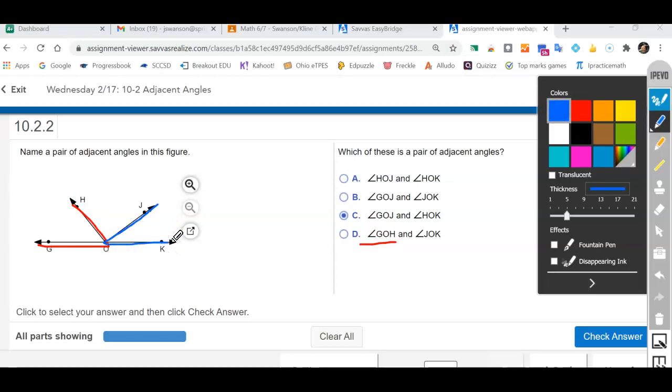Are those adjacent? Do they share a side? They do not. They share a vertex, but they do not share a side. So the only one that was adjacent was GOJ and JOK. All right.